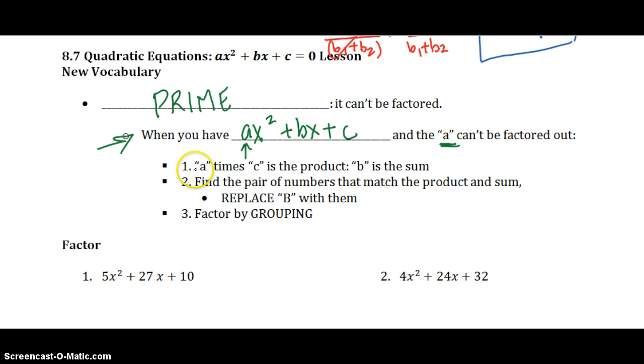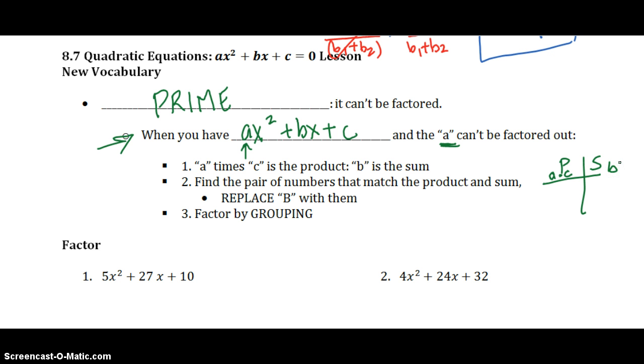Here are our steps to approaching it. They follow very similarly to the factoring steps I gave you in class. We say a times c. That's going to be our product. So when we set up our product sum, the product is going to be a times c, and then the sum is still going to be the number b.